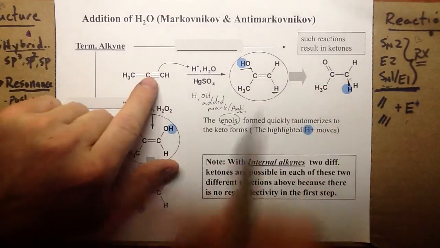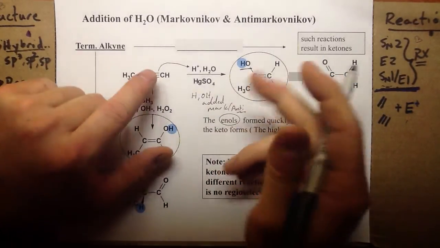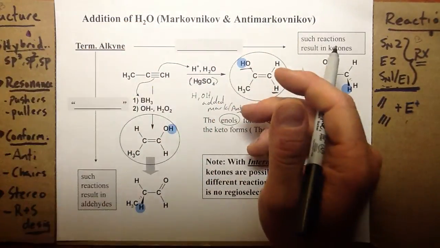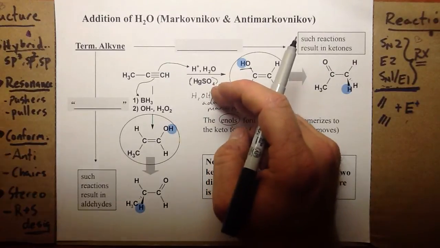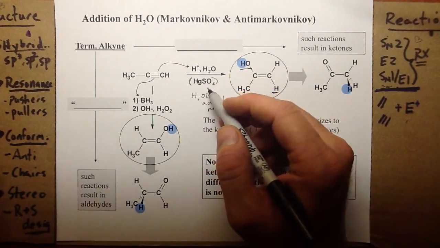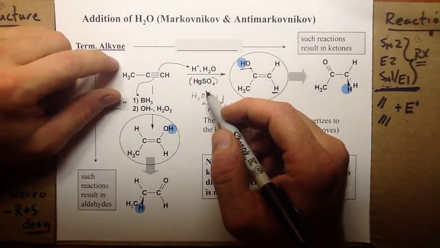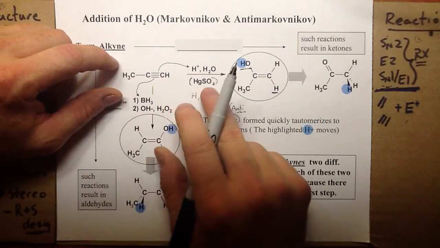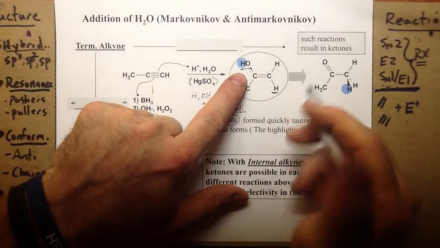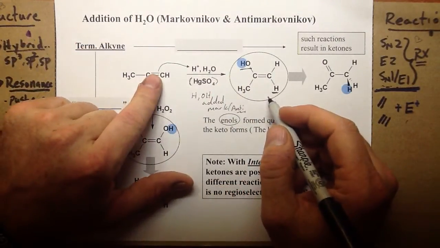Now, because alkynes have higher energy intermediates, sometimes we have to add an additional reagent or catalyst for the reaction to occur. So you may see mercuric sulfate added in to help push this reaction along as a catalyst. So we are at an addition product to the alkyne.